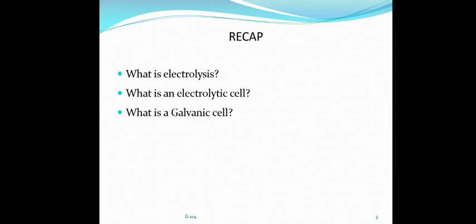So an electrolytic cell is a device which converts electrical energy to chemical energy, whereas a galvanic cell converts chemical energy to electrical energy. All these things we have studied in the last classes itself, is it not?